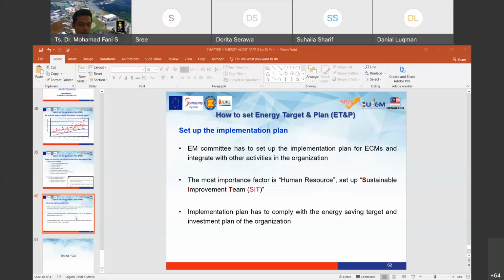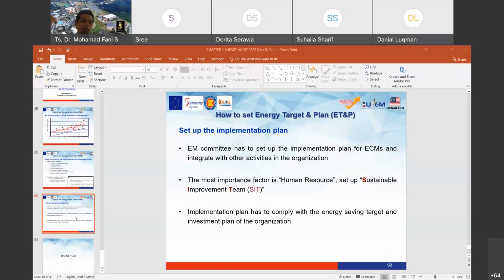In our life also, we need to get another idea from other people. Kalau awak nak kahwin nanti pun kena dapatkan pandangan from your parents as well. So that's why it's really important to do the discussion in a group, in a committee, so that we come up with a good implementation plan.